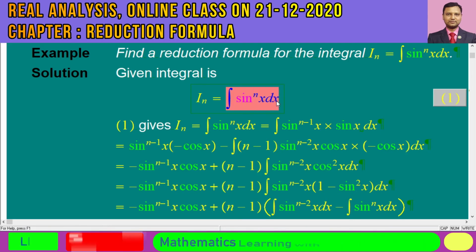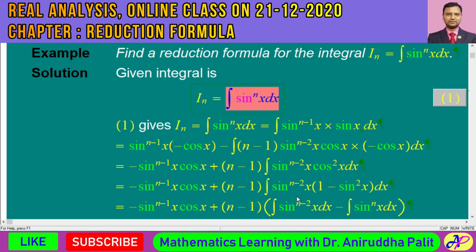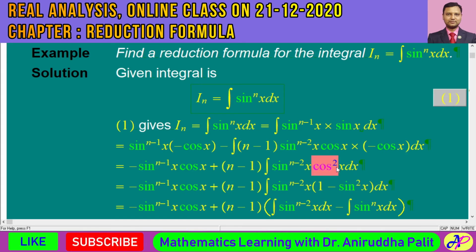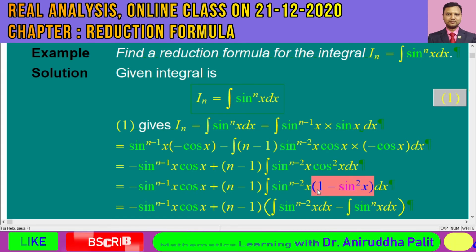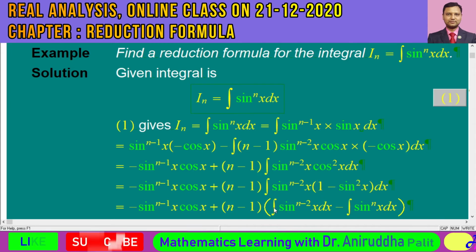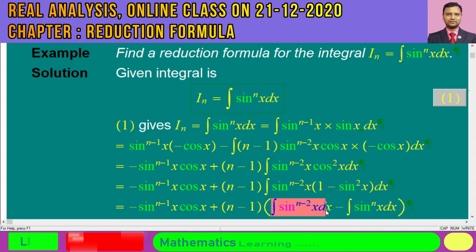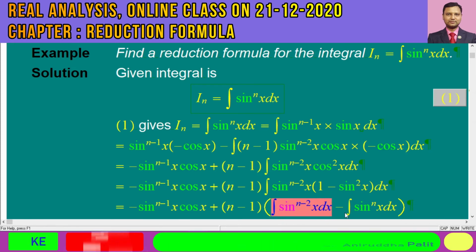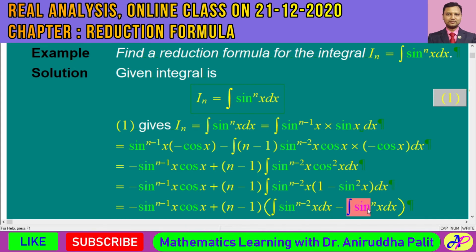because already we have a sine to the power of n kind of integral. Okay, so over here we observe that if we now apply the formula that cos square x is equal to 1 minus sine square x, then after decomposition, this would be written as the integral of sine to the power of n minus 2 x dx minus the integral of sine to the power of n x dx.